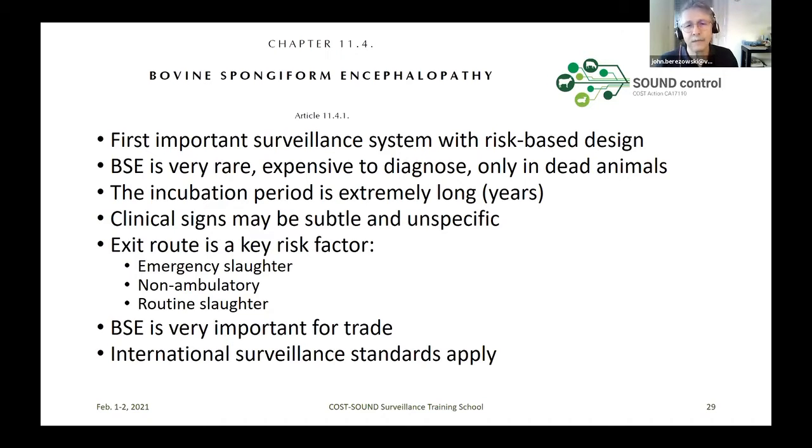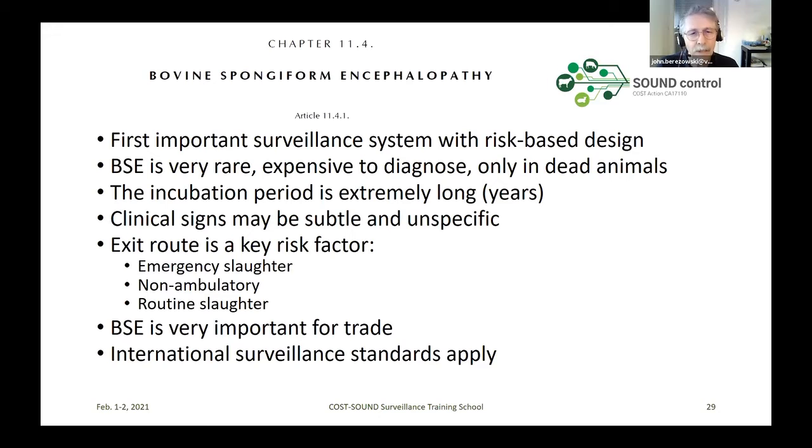And that was because of the challenges associated with BSE. BSE, even at its most common, was a rare disease. It was very expensive to diagnose. You had to cut the head off the animal, take out a piece of its brain, and do a complicated test on it to detect the prions.